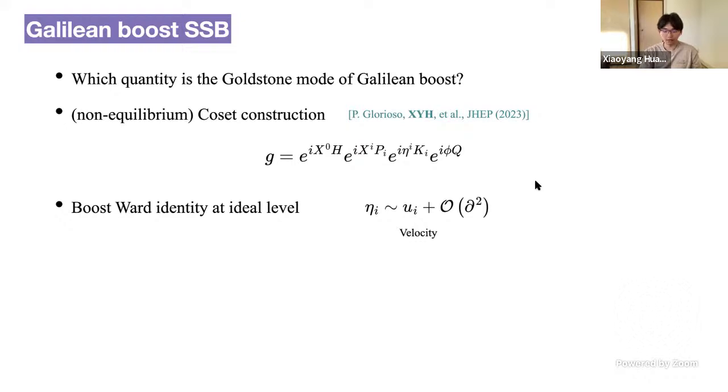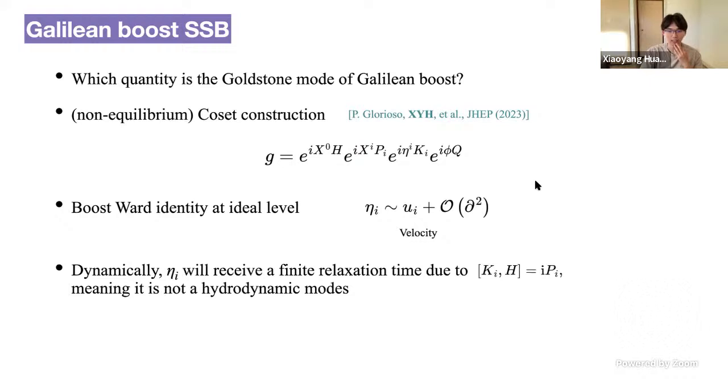Moreover, we give a stronger statement: once you include dissipation, the fact that the Galilean boost doesn't commute with your Hamiltonian will give you a finite relaxation time for your eta field. So that means the eta field is no longer a good low energy mode in the hydrodynamic regime. And that tells you that the velocity field is really the Goldstone mode for your Galilean boost symmetry.